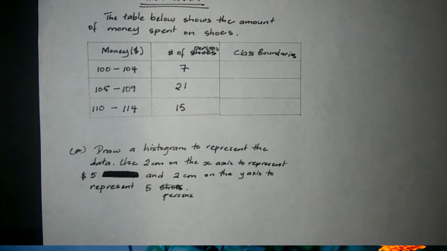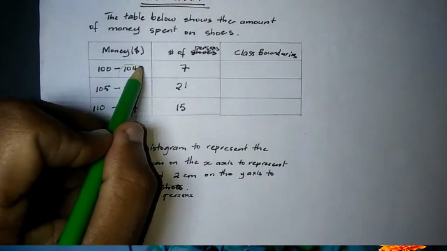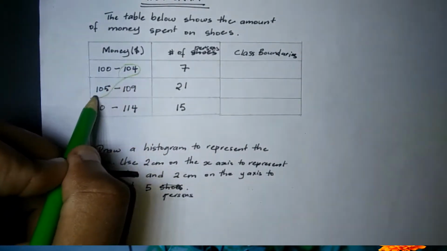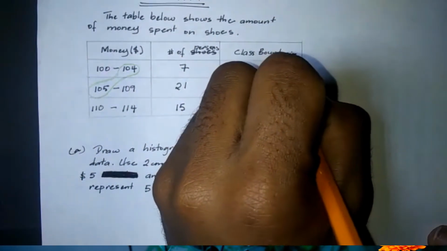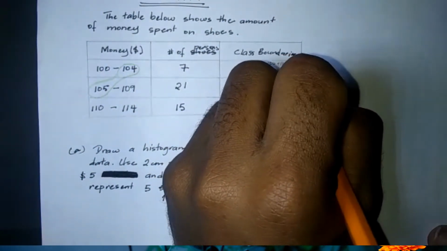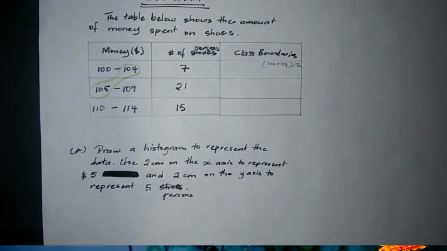Remember, our class boundaries are halfway between one class interval and the next. Let's start here. This is our first class interval and this is our next class interval. To calculate the boundary, I would have to add these two, 104 plus 105. Then I'm going to divide that answer by 2.